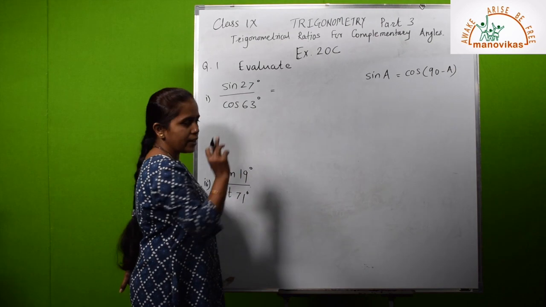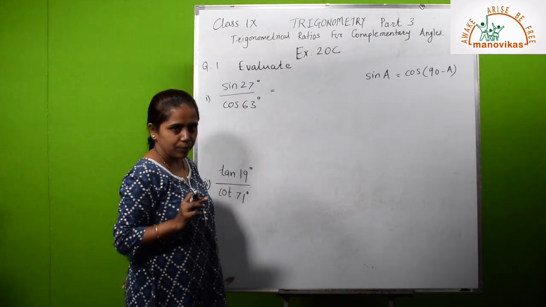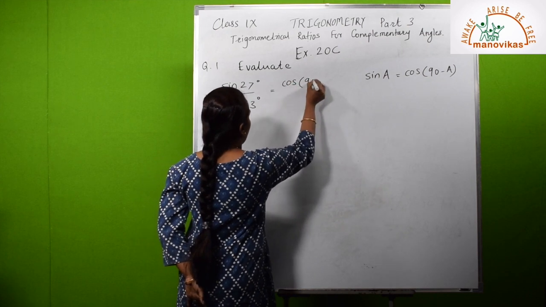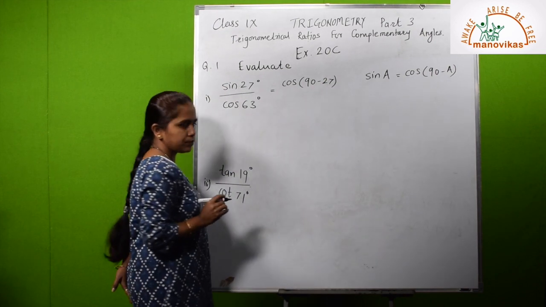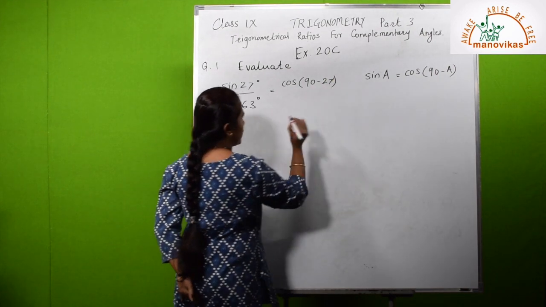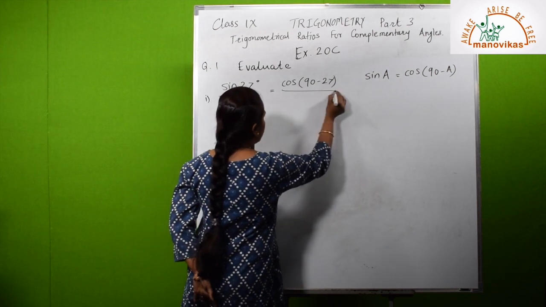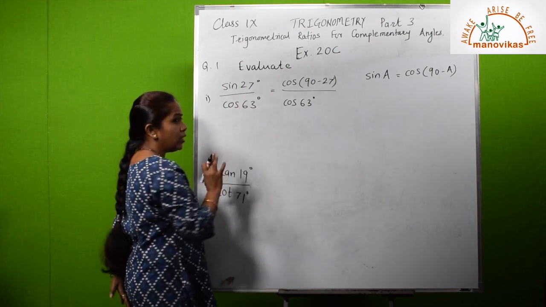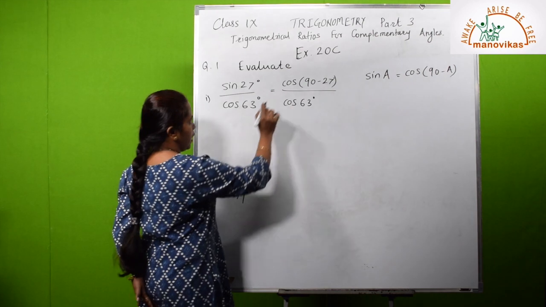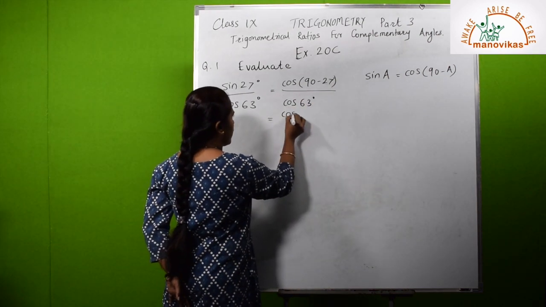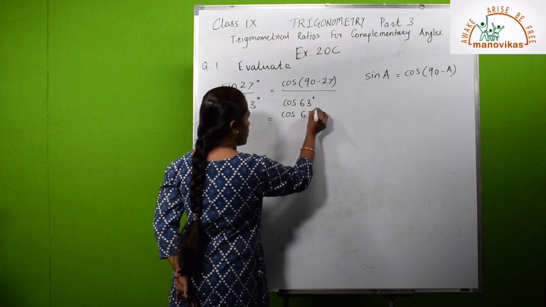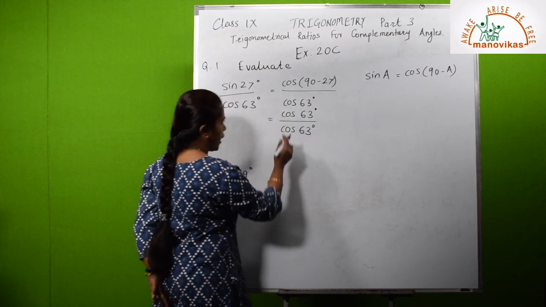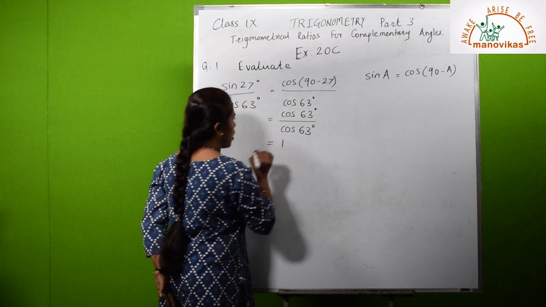So here I'll write sin 27 as cos 90 minus 27 degree according to that formula, divided by cos 63 degree as it is. I have changed only the numerator, which is equal to cos 90 minus 27, and 90 minus 27 is again 63.